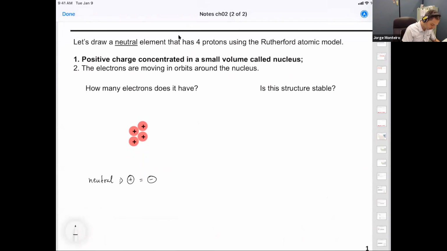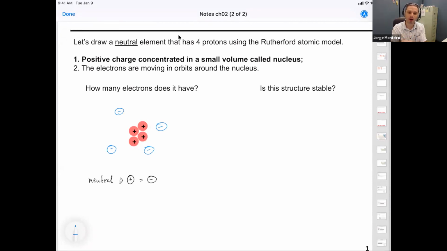If you have 4 protons, you have 4 positive charges, so you need to balance them with 4 negative charges. Every time we talk about a neutral element, the number of protons has to be equal to the number of electrons. In chemistry, we will always play with electrons. The nucleus stays as it is.